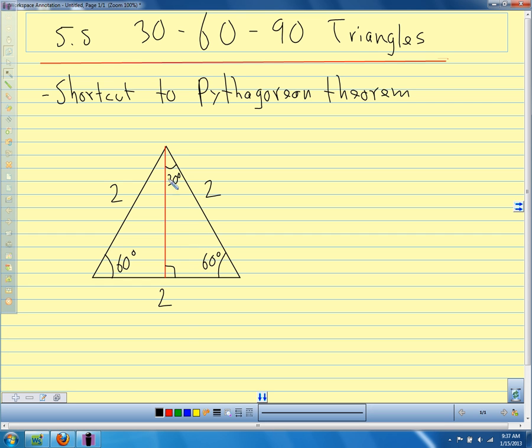What does the red segment do to the base of my right triangle if I go at a 90-degree angle here? Bisects it. So the whole length is 2. If this whole thing is 2, how long would this little piece be? 1. We're cutting this side in half. So that side length is 1.